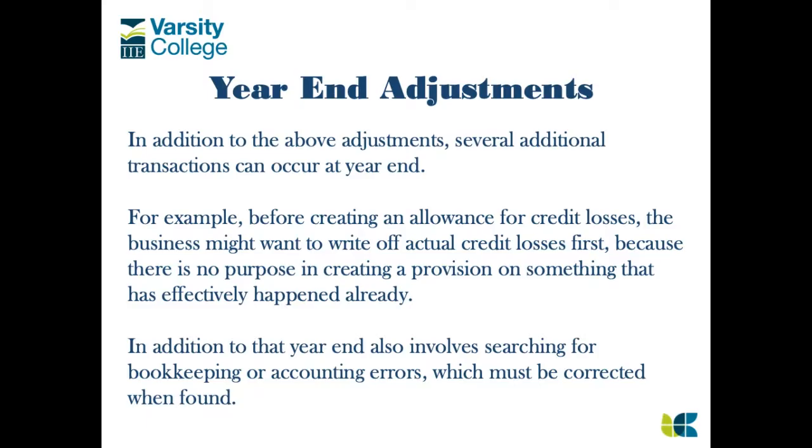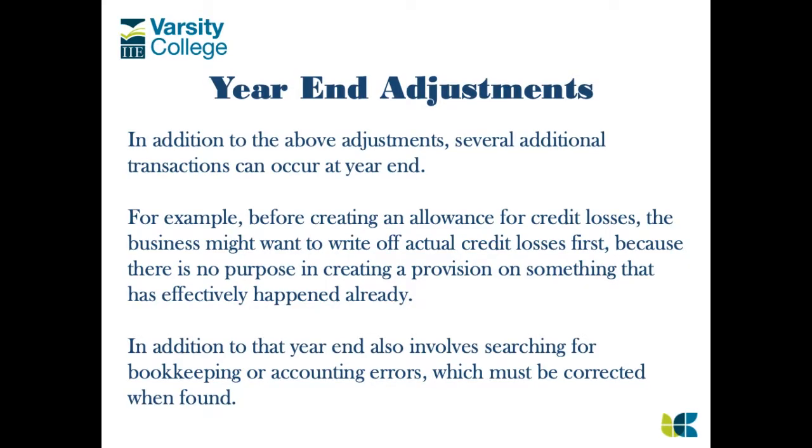In addition to the above adjustments, several additional transactions can occur at year end. For example, before creating allowance for credit losses, the business might want to write off actual credit losses first, because there is no purpose in creating a provision on something that has effectively happened already.